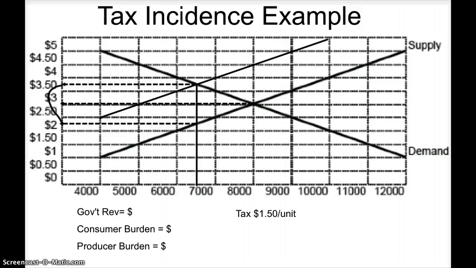Now, if we have an original price of $3 and a difference of 75 cents above there, because this is at 3.75, we know that there's going to be a 75 cents per unit burden. If we take 75 cents and multiply that times 6,500, we end up with 4,875.